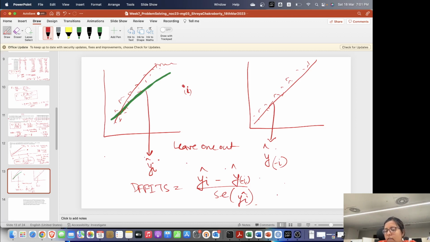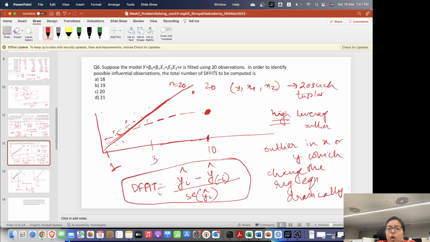So how many observations do we have here? We have 20 observations. So the total number of DFFITS that can be computed is 20. DFFIT 1 will be y hat minus y hat except observation 1, divided by the standard error. Similarly, DFFIT 2 will be y hat minus the y hat estimated after removing observation 2.